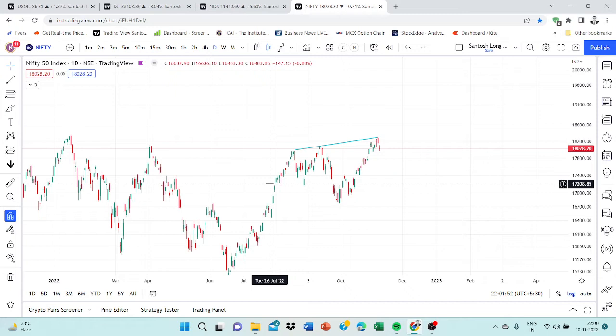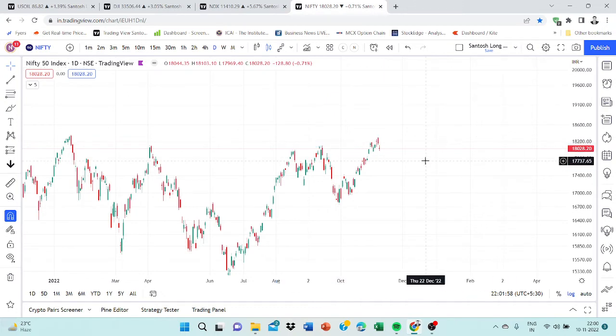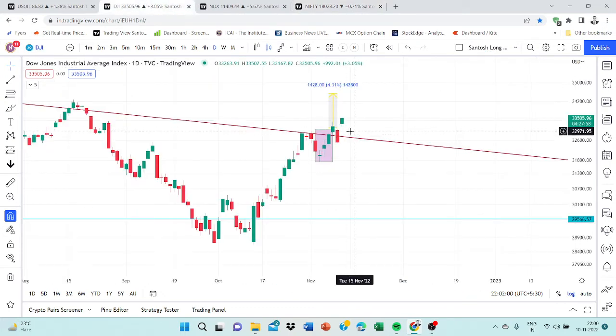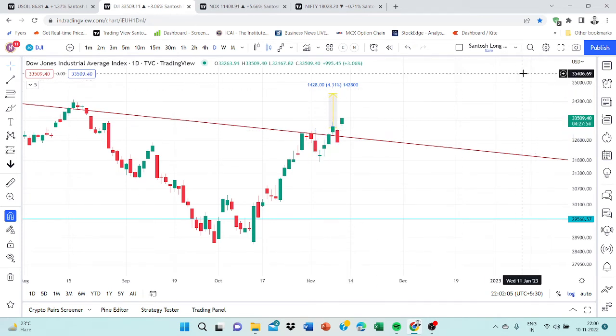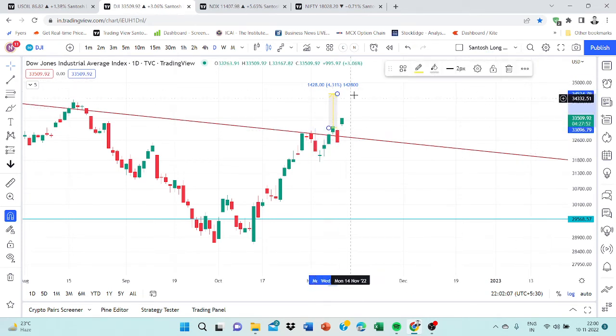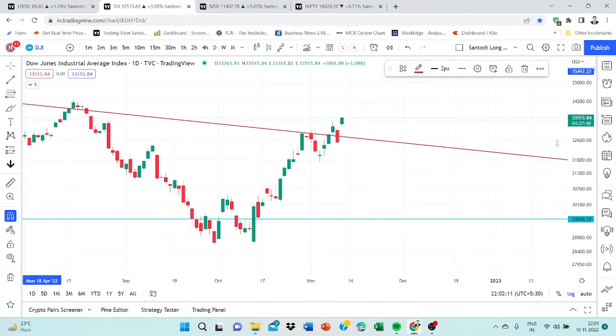And there is another question. When the US market has fallen drastically, both Dow Jones and, let me remove all this now. There's no need of this right now. Let this resistance be here.